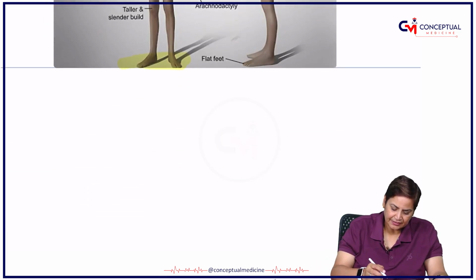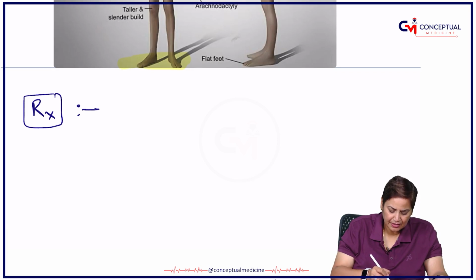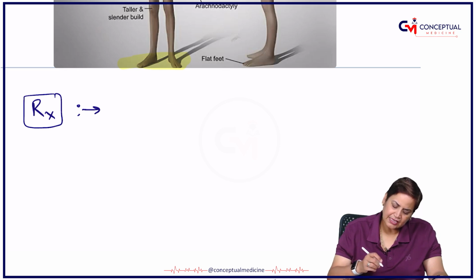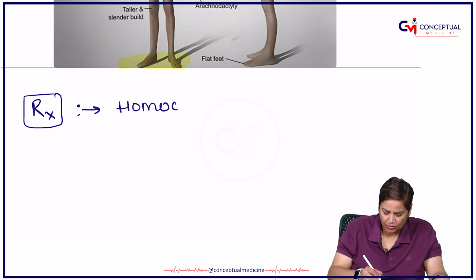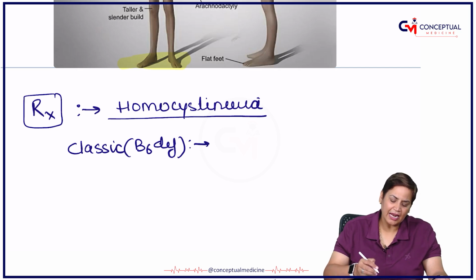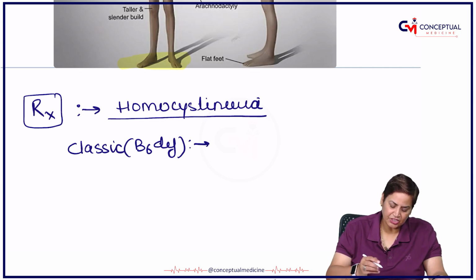So simple is the treatment in classic homocystinuria, or in general we will discuss. So if we talk about this, in homocystinuria, if it is classic, we know it is B6 deficiency, so we can put that patient on B6 supplementation.